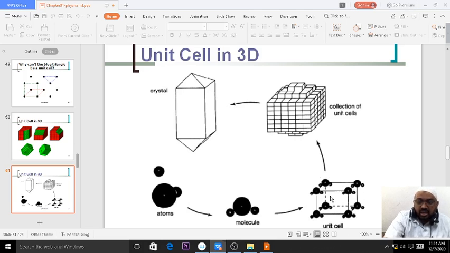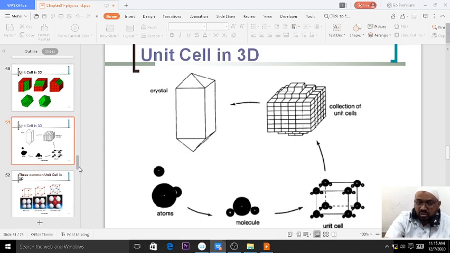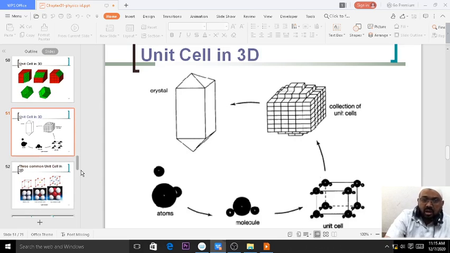And when you join these figures, it will look like this. This is called a collection of unit cells, and this collection of unit cells ultimately results in the crystal. So this is one way of understanding how the unit cell is produced, or what it is made up of.